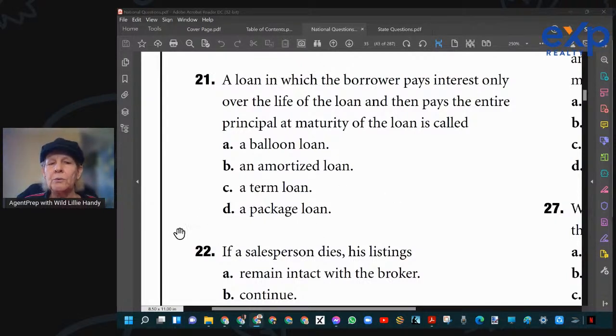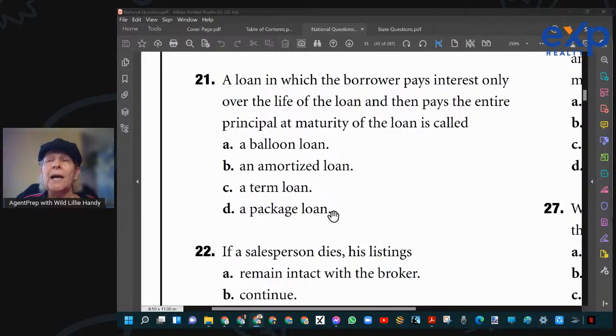A package loan is when you have multiple properties. There's a blanket loan that covers a whole bunch of lots. Package loans also have multiple properties, so it's got a whole package. Do you guys understand that?